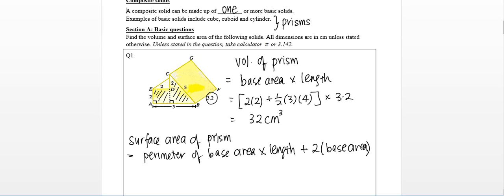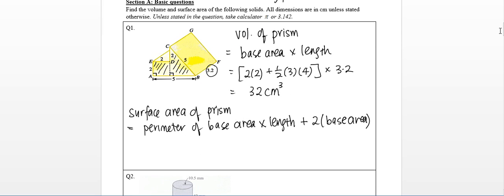Okay, so let's work out our perimeter of the base area first. The perimeter of the base area, starting from point A, is 5 plus 5 plus 2 plus 2 plus 2. That's the perimeter or the outline of your base.